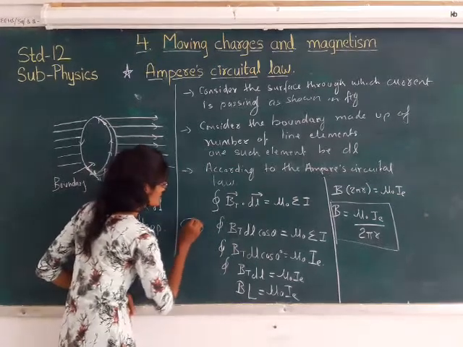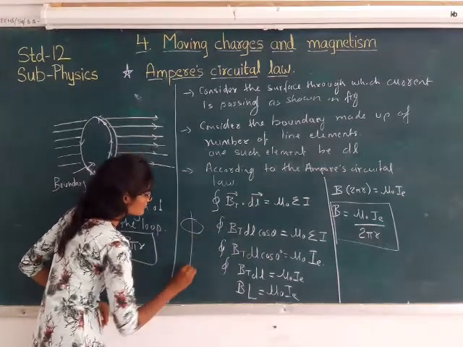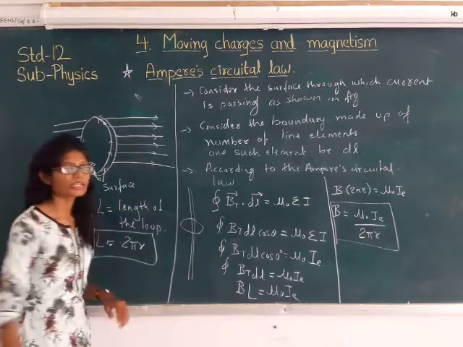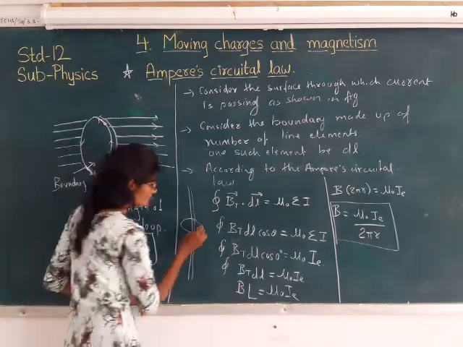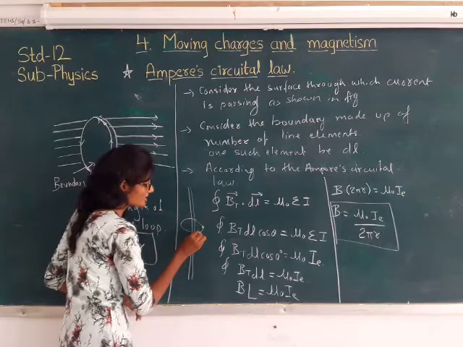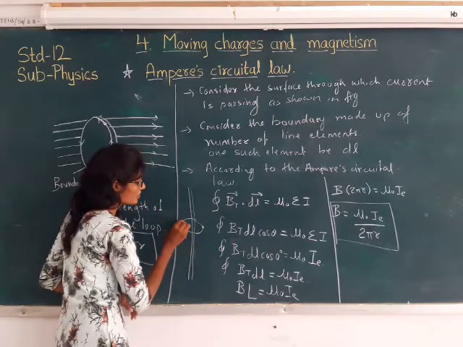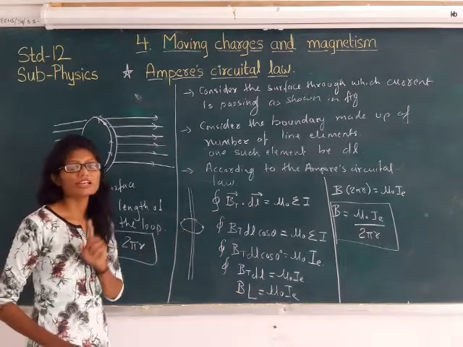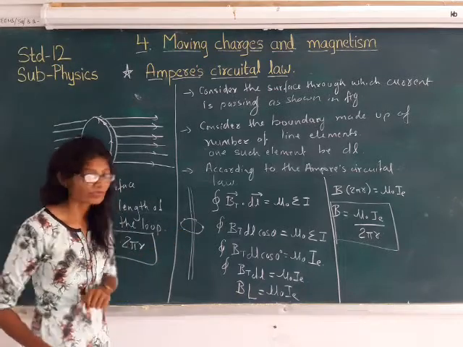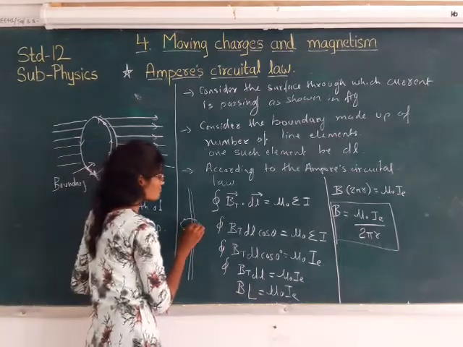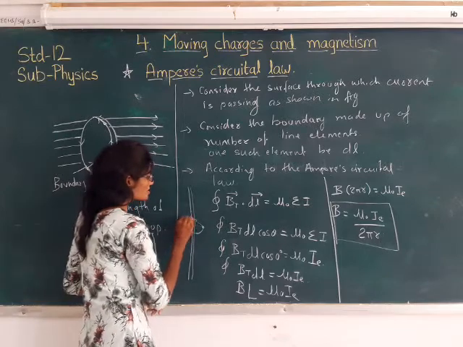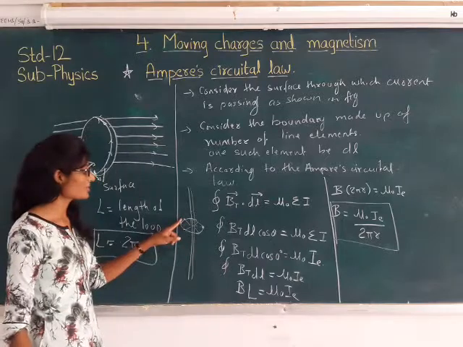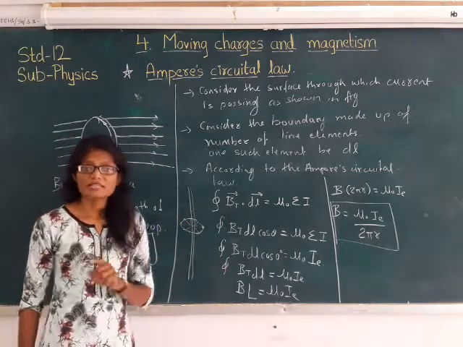If we consider an infinite wire through which the current is passing, and we consider the magnetic field on the circular loop, then around that the value of the magnetic field will be the same. Why? Because the distance from this wire to any point on the circle will be the same. So the value of the magnetic field will remain the same.